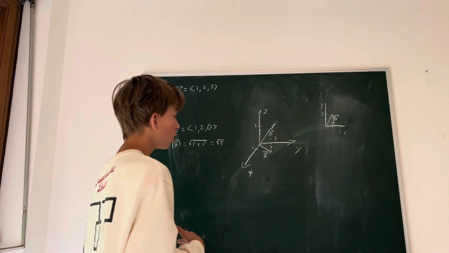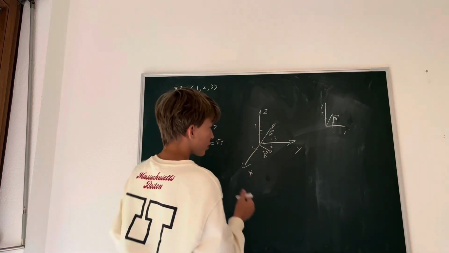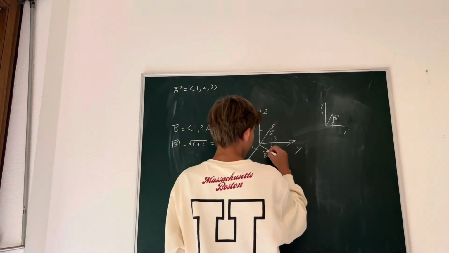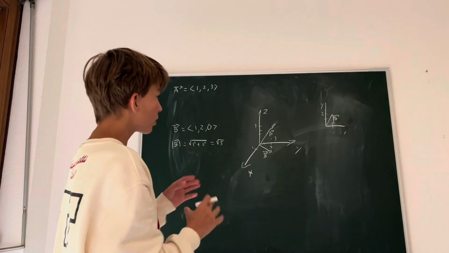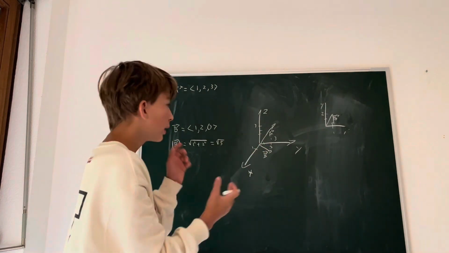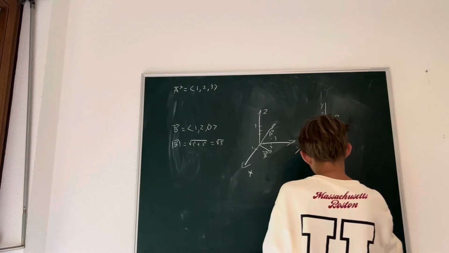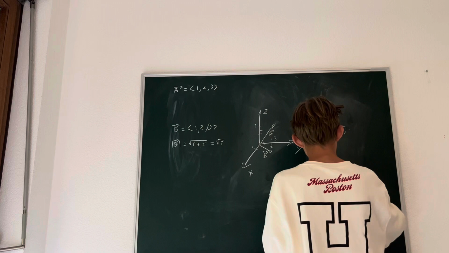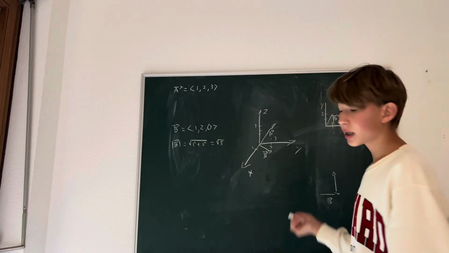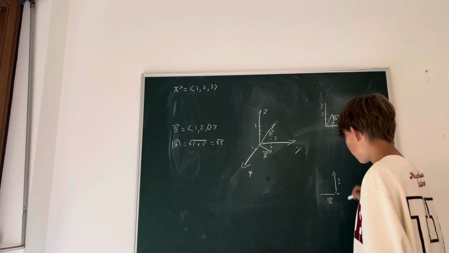So we can visualize that vector A is just going to be 3 here. If we kind of turn the axis, we can see that this is going to be vector B, and this is going to be the z component of A, which is 3.